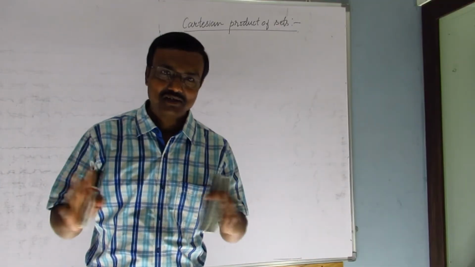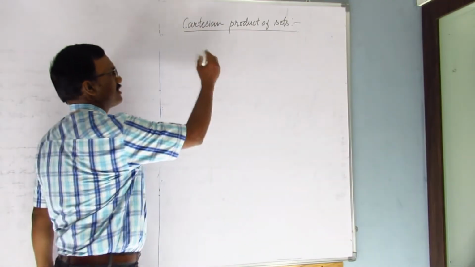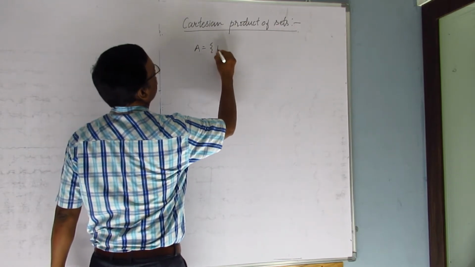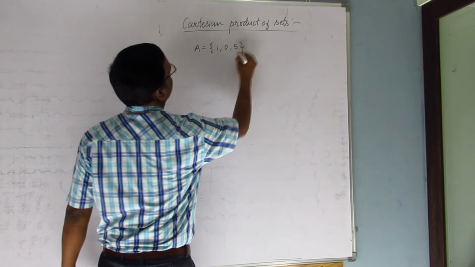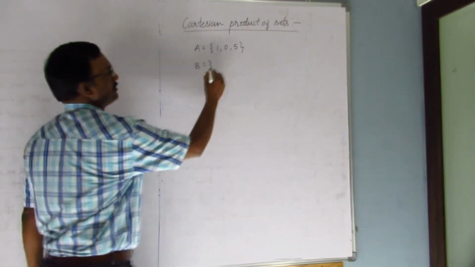Now let us see Cartesian product of two sets. To understand this, first assume that the set A contains elements 1, 0, 5 and the set B contains, suppose, x and y.